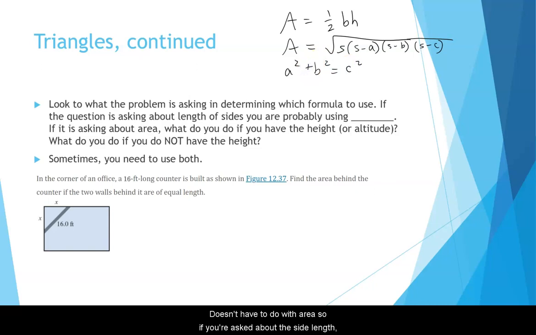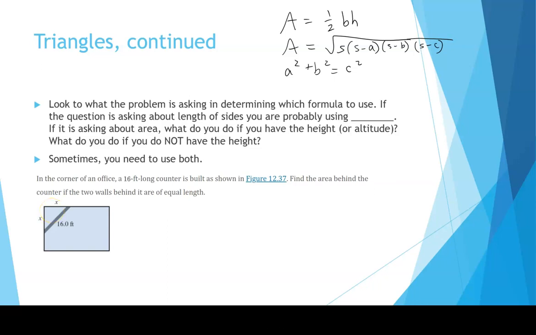So if you're asked about the side length, you probably want to use Pythagorean theorem. If you're asked about the area, you have another choice. If you're given the height or altitude, the first formula is definitely less computationally intensive than Heron's formula. But sometimes Heron's formula really is the best way to go, just because sometimes finding that height is so difficult.